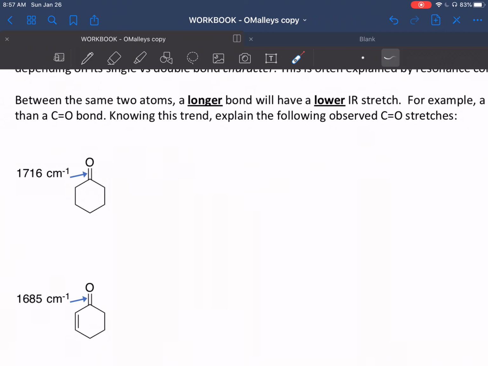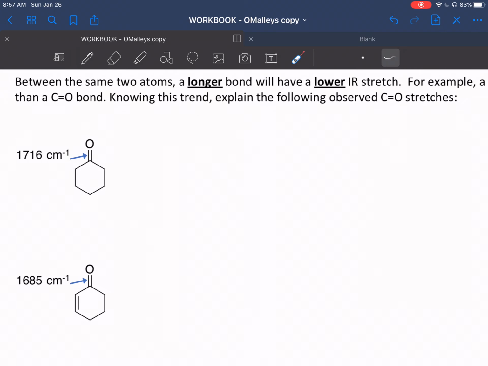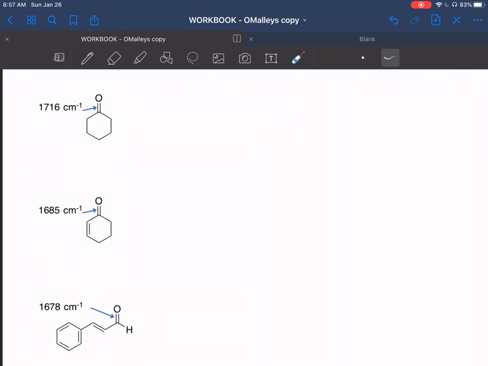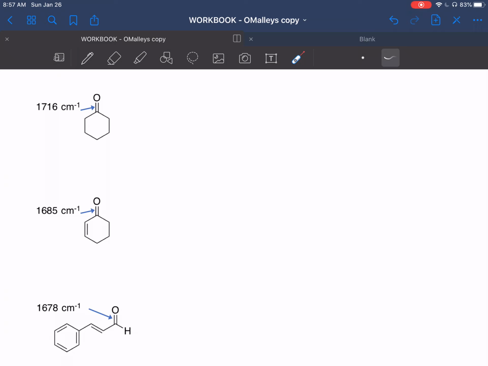So I want to look at the carbonyl bond particularly and three different examples of carbonyl. These are all C=O double bonds, and you can see that the carbonyl in this ketone shows up at 1716 wave numbers, which is an inverse centimeter, but the one in this enone shows up much lower, 1685, and then this cinnamaldehyde molecule is even lower, 1678.